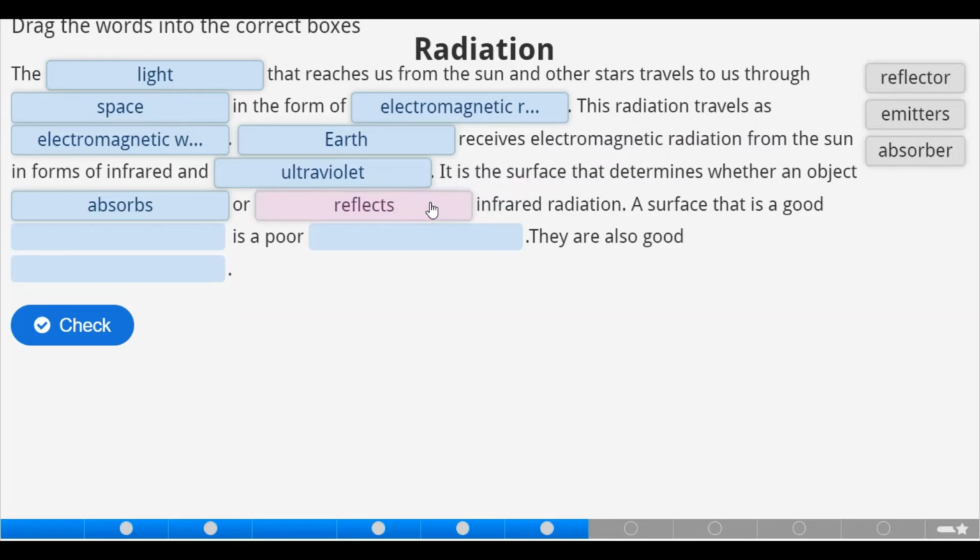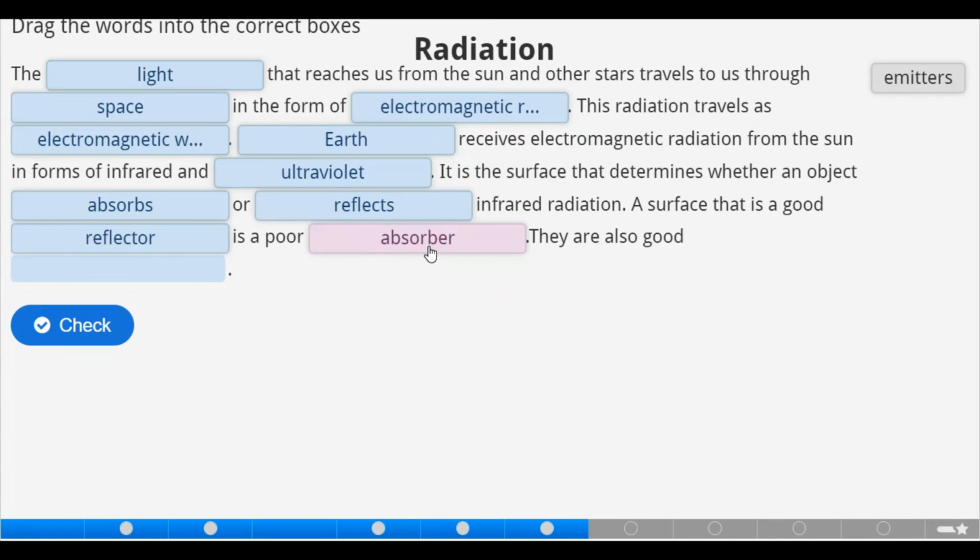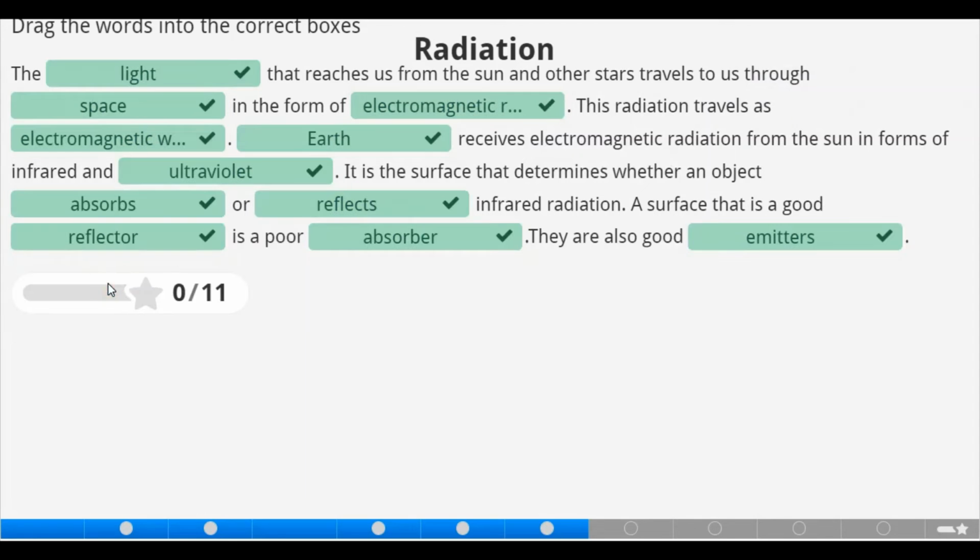A surface that is a good reflector is a poor absorber. They are also good emitters. Let's check. That's correct also.